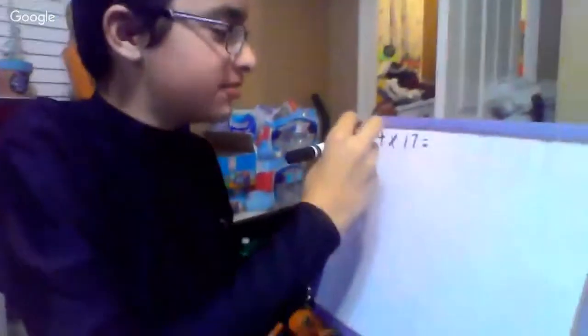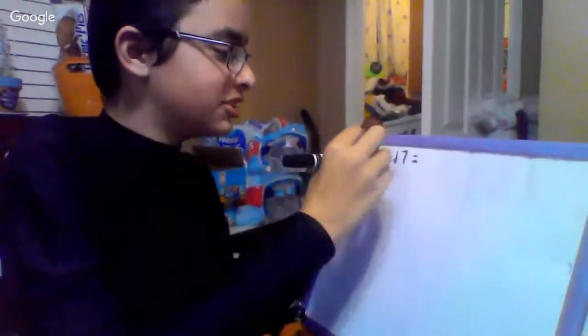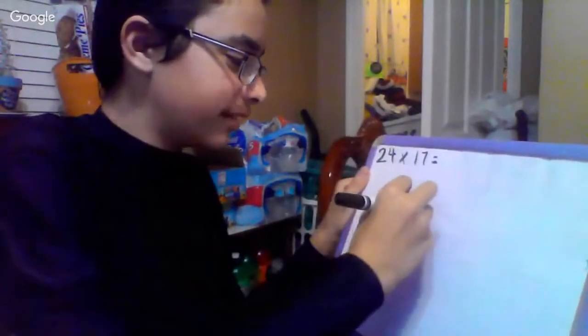All right, Dante. Show them this. Put it out where they can see it. Basically, what we're going to do is make a grid, and since it's a two-digit number by a two-digit number, the grid is going to be 2 by 2.